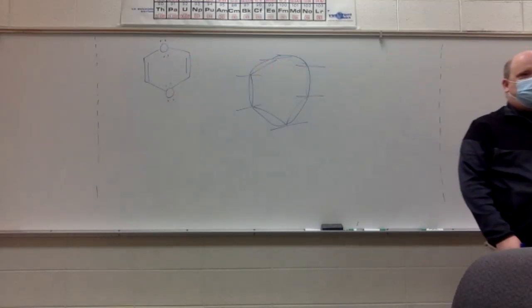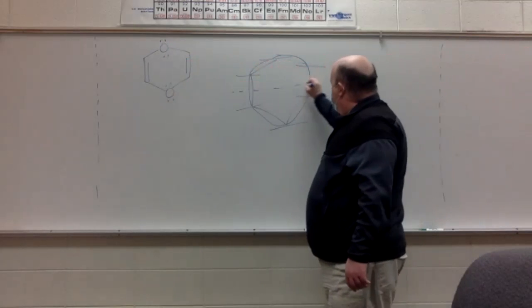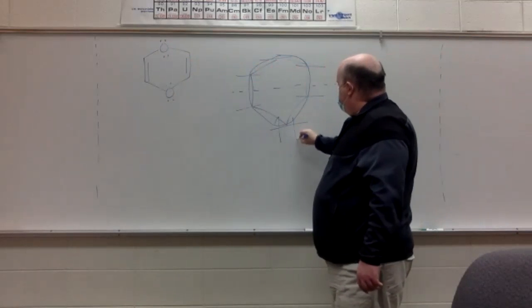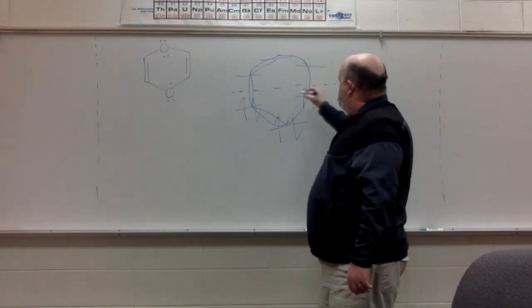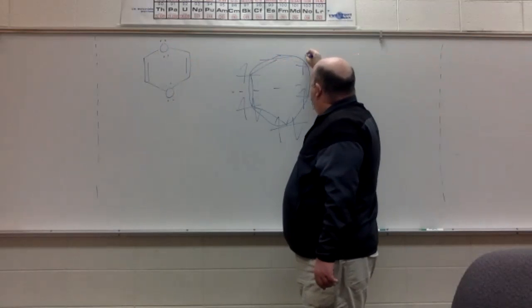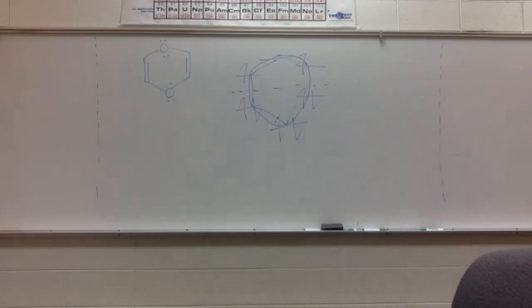How many electrons are we placing? We're placing 8. So in this case, this is an example where we actually start putting electrons in the anti-bonding orbitals.